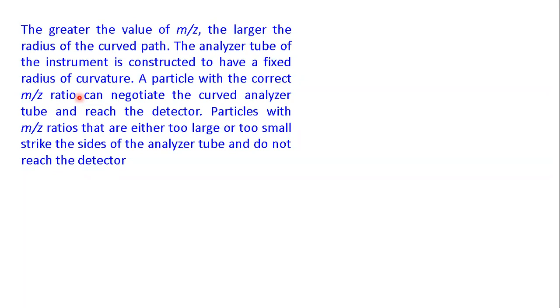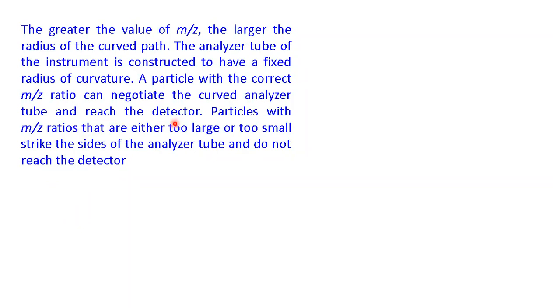A molecule having a very high radius of curvature will not reach the detector. I'll show the picture here, you will understand. The particle with correct M by Z ratio can move through this curved analyzer tube and reach the detector.